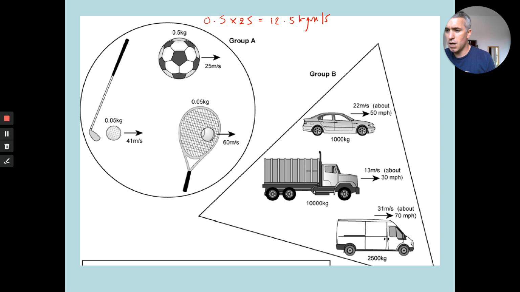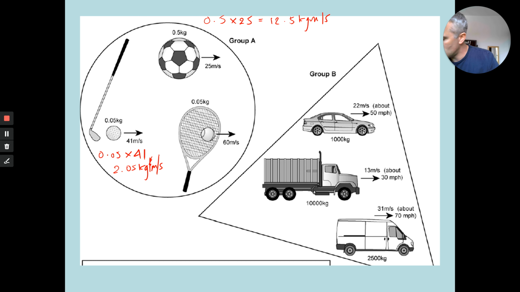Let's try the golf ball one. 0.05 times 41. I need my calculator for that one. 0.05 times 41 equals 2.05 kilogram meters per second. There's the line. And the tennis ball.